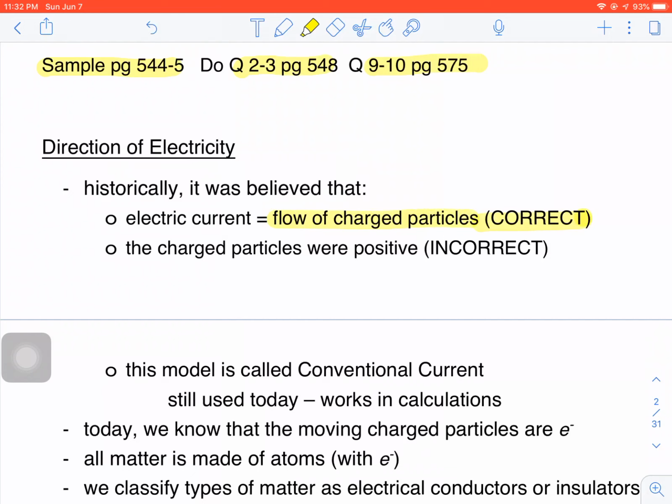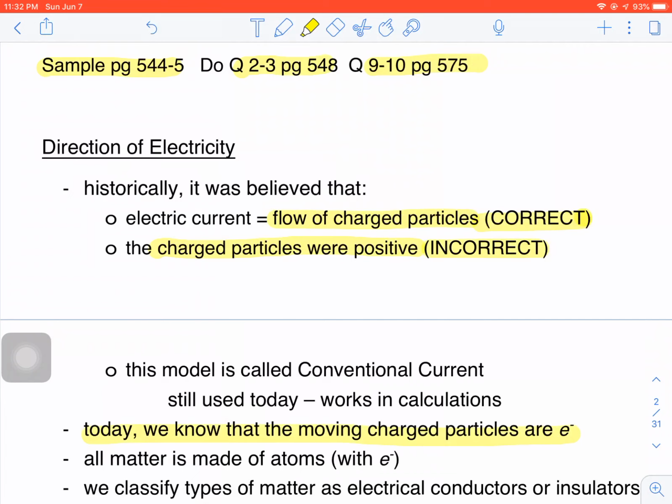They believed back then that the charged particles that were moving were positive particles. Now, they had no real grounds to think that positives were moving. But we now know that that's not right. What we know is that the moving charged particles are electrons.